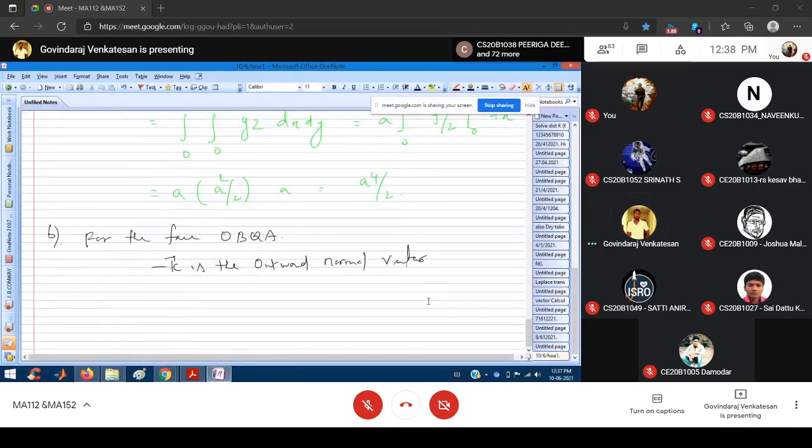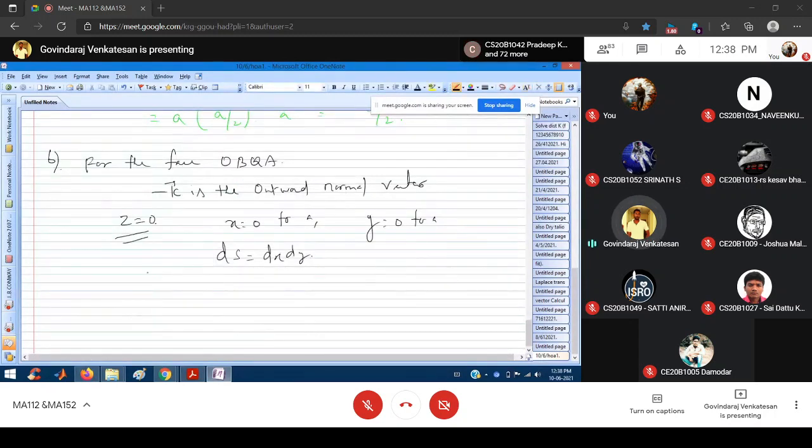Okay, and the value of z is 0 on that face because it exactly lies on the x-axis and y-axis, and x is also varying from 0 to a, y is also varying from 0 to a, and the value of this is nothing but dx into dy. Therefore the surface integral over R6 of f vector dot n vector into ds is nothing but the double integral, x equal to 0 to a, y equal to 0 to a.